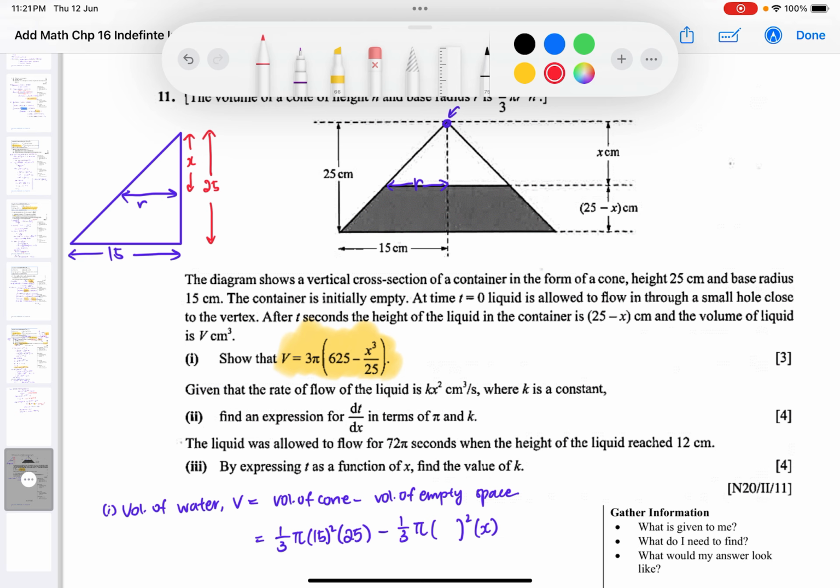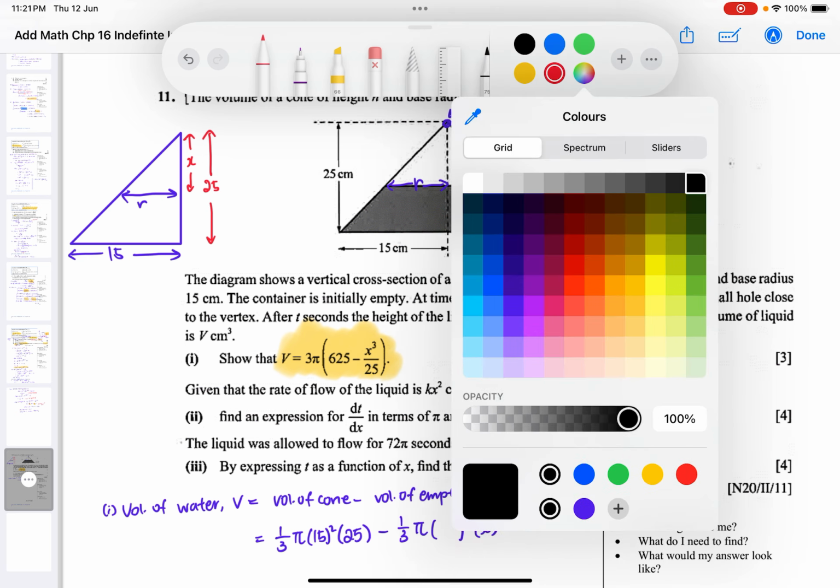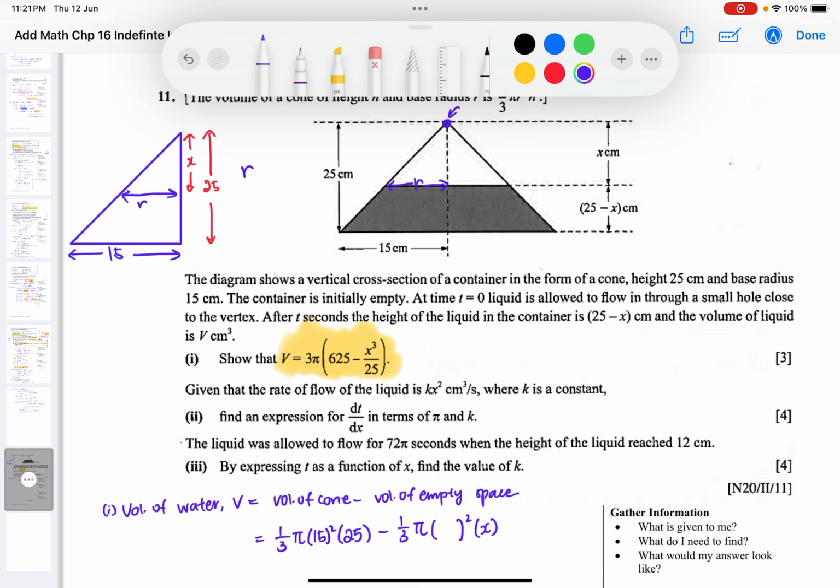Okay, so by similar triangles, I can then write r over 15 is equals to x over 25. So r will then be equals to 15x over 25, which can then be simplified to 3x over 5. Okay, done.